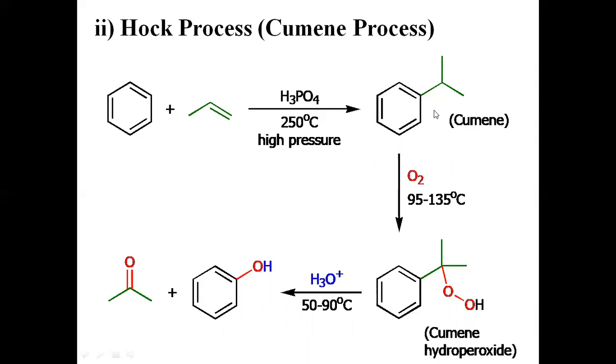Now, isopropyl benzene or cumene reacts in a radical catalyzed reaction to give you cumene hydroperoxide. This cumene hydroperoxide, on treatment with an acidic workup, gives you two important compounds which have great utility in industry as well as in the lab, which are phenol and acetone.